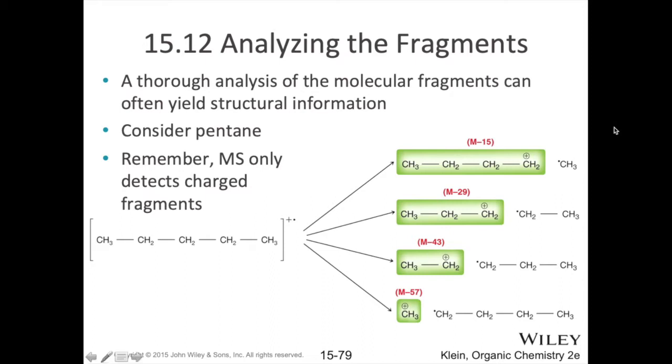You can see that, for example, here. In this case, we have pentane, and we had different sets of peaks. And if we looked at the masses in between them, you could see that after your parent ion, you might see a peak that is 15 below your parent ion. Okay, and that accounts for the loss of a methyl group. Likewise, you might see one that's 29 below your parent ion, and that accounts for the loss of an ethyl group that's being lost as a radical, and therefore doesn't show up in the detector.